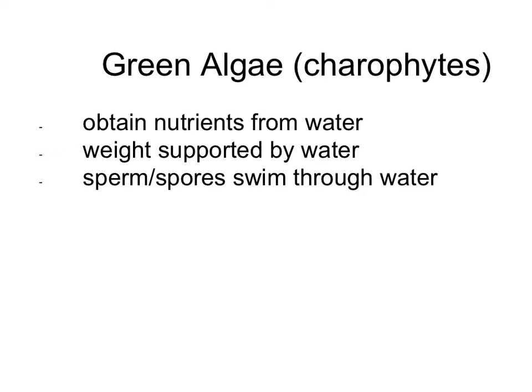Okay, before we go on to talk about some of our earliest plants, we need to talk about where they came from. Now, you may remember this, but green algae, or charophytes, live in the water. So if they live in the water, then they're going to be obtaining their nutrients from the water. Any water, any gases, all of the nutrients that they need to survive are in the water, and that's where they're getting it from. But their weight is also supported by the water.